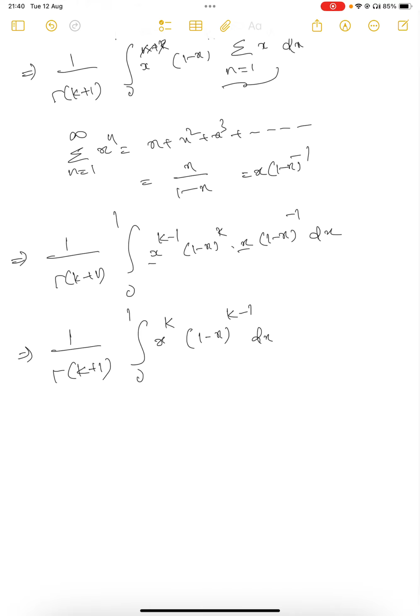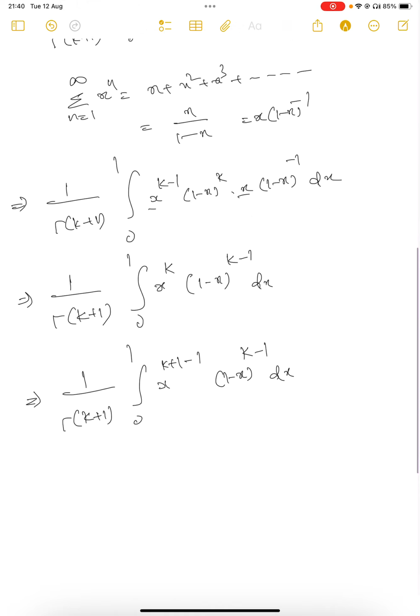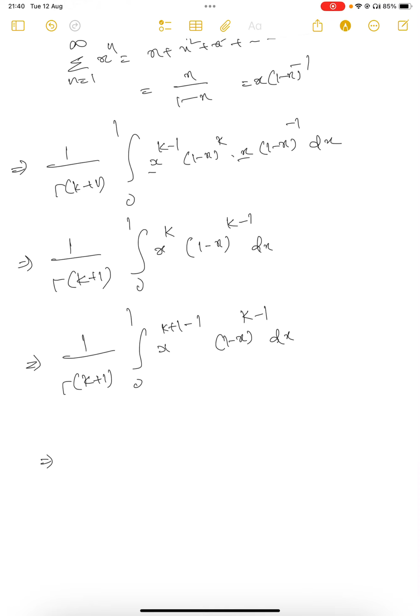This looks like a beta function again, right? Let's write it down again so that you can understand easily. x power k can be written as x power k plus 1 minus 1. So this can be written as 1 by gamma of k plus 1 times beta function of k plus 1 and k.